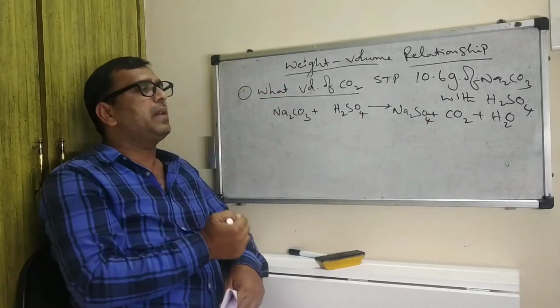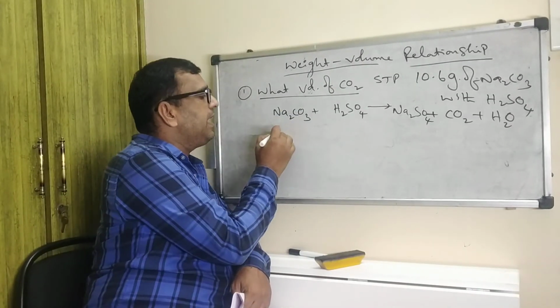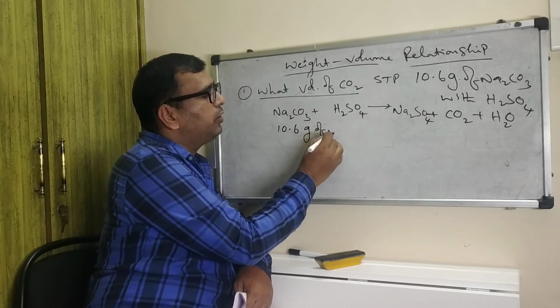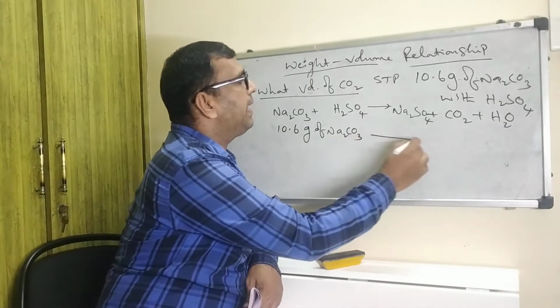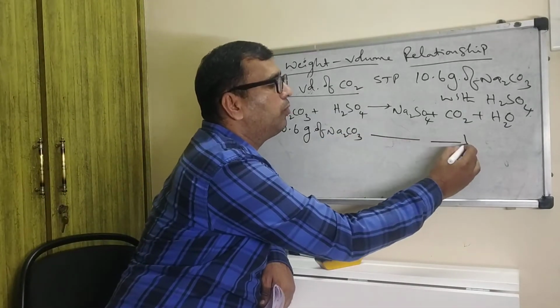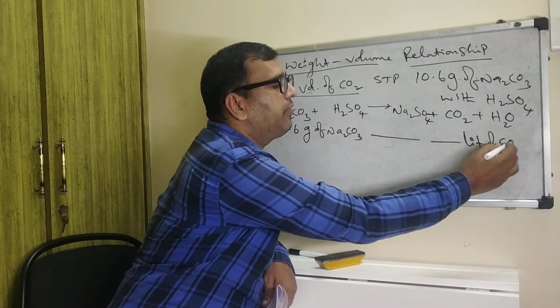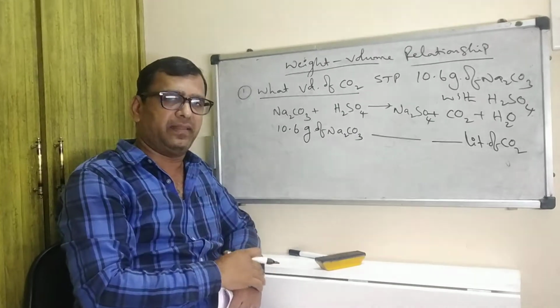It's a balanced chemical equation. So he is asking, if 10.6 grams of sodium carbonate liberates dash volume, suppose you want it in liters of carbon dioxide. I will explain a simple method.